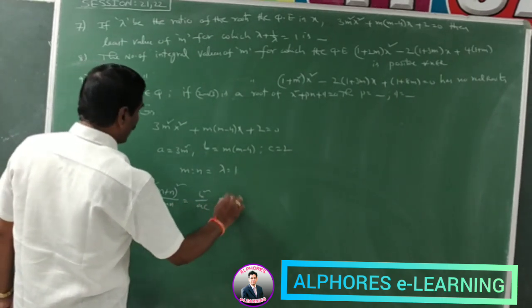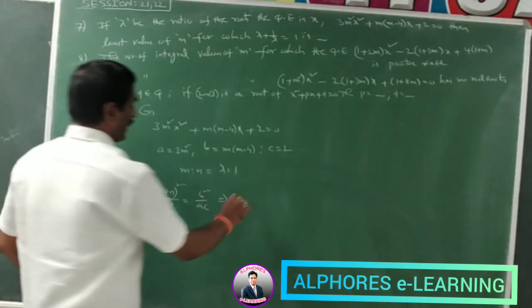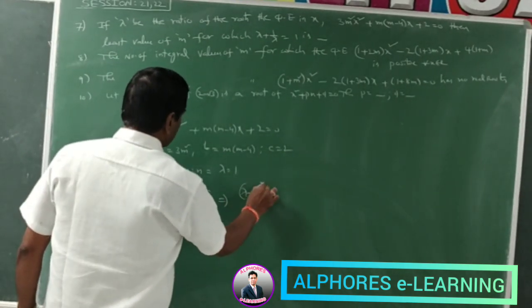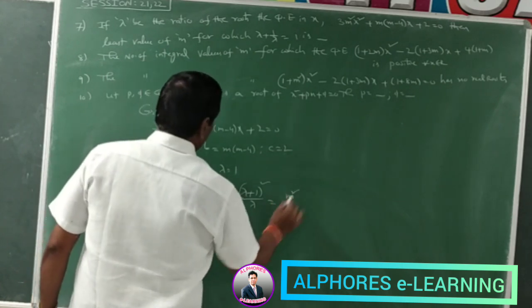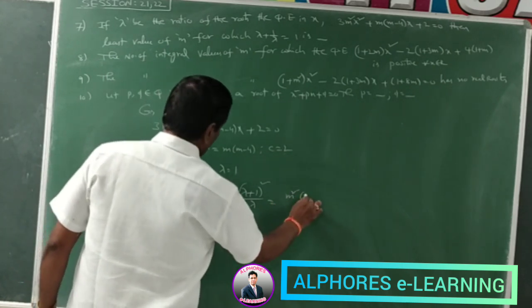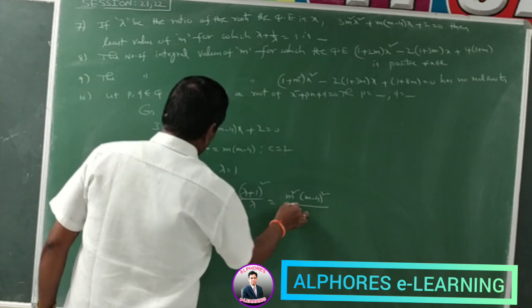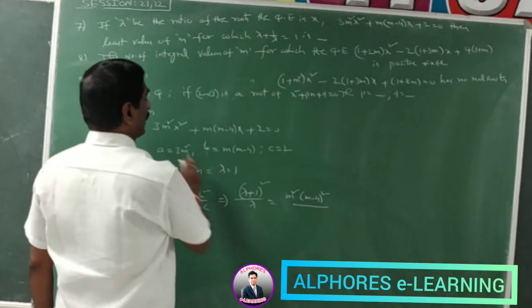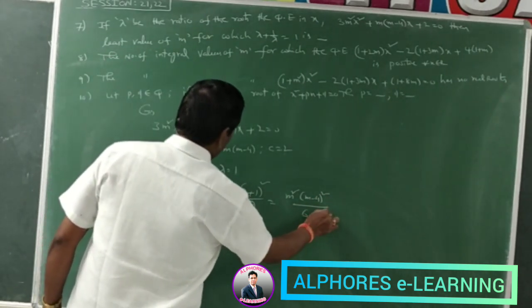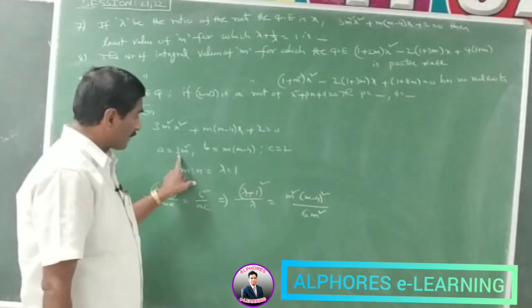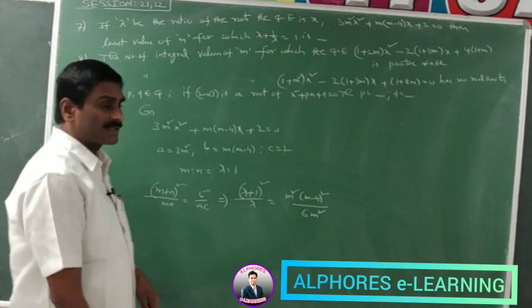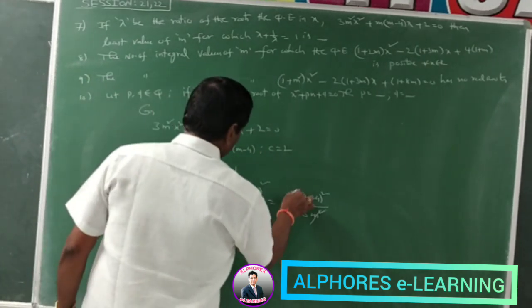That means (lambda plus 1) whole square by lambda is equal to b square, that is m square into (m minus 4) whole square, by ac, that is 3m square into 2, that means 6m square. Here m square cancels.